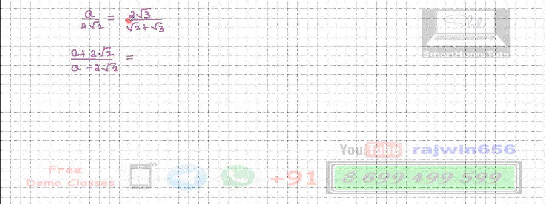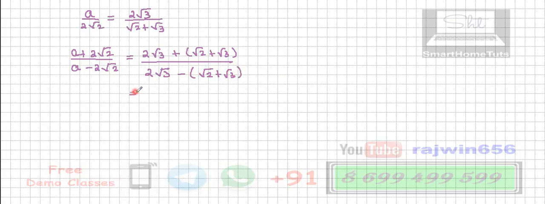This is equal to the same thing I'm going to do over here: 2 root 3 plus (root 2 plus root 3) upon 2 root 3 minus (root 2 plus root 3).